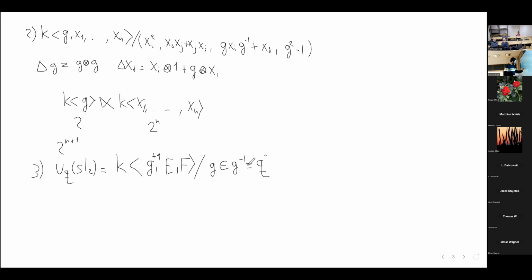G E G inverse is equal to q squared E. G F G inverse is equal to q to the minus 2 F. EF minus FE is equal to G minus G inverse divided by q minus q inverse.